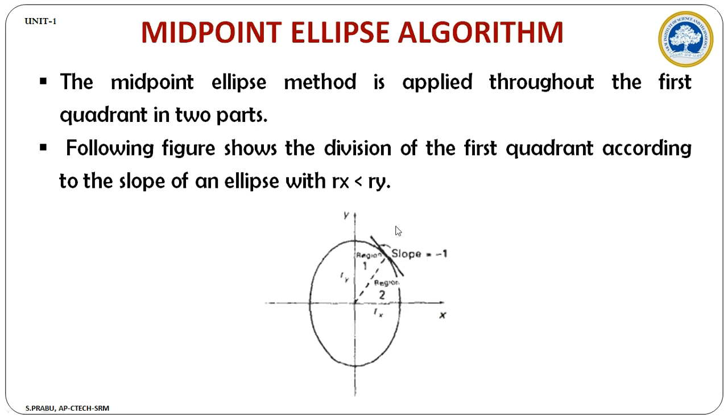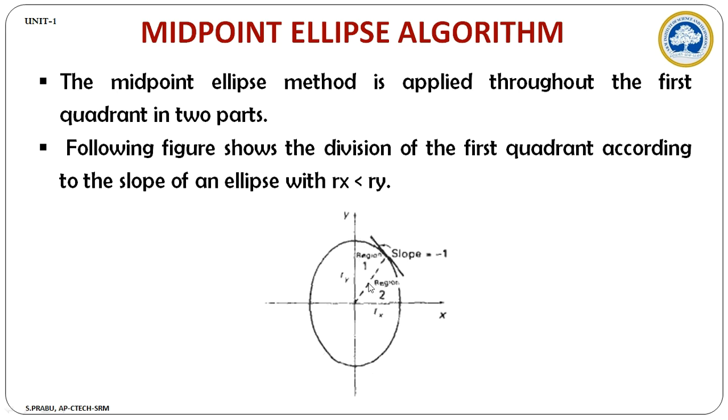In a circle drawing algorithm, the circle can be split into equal 8 parts, but here the ellipse can be split into equal 4 parts. Each part is called a segment. After drawing this particular segment, by taking the symmetry for the remaining 3 segments, we can complete the entire ellipse.